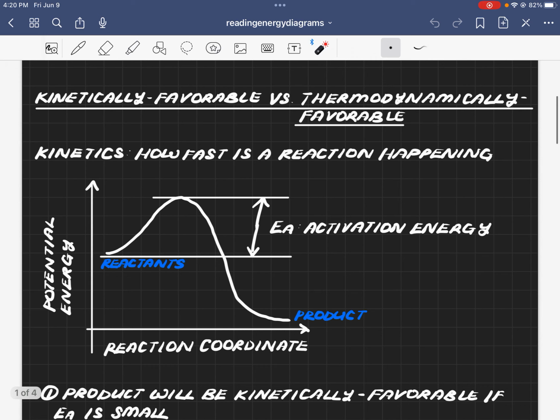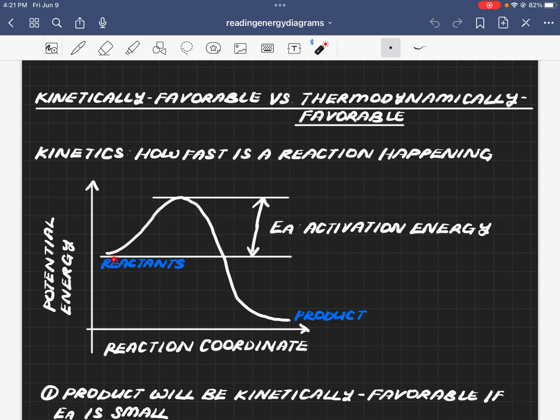From an energy diagram, we can determine which products are kinetically favorable versus which products are thermodynamically favorable. So kinetics basically refers to how fast a reaction is happening. And if we want to determine the kinetically favorable product, we look at the activation energy here.